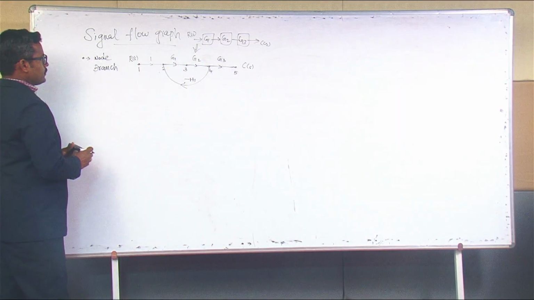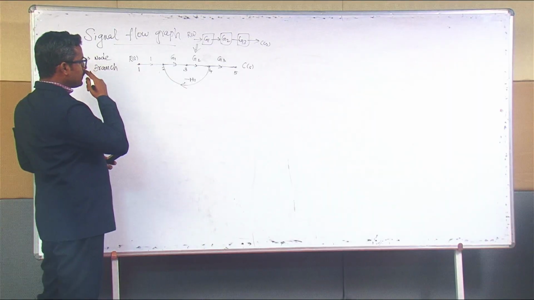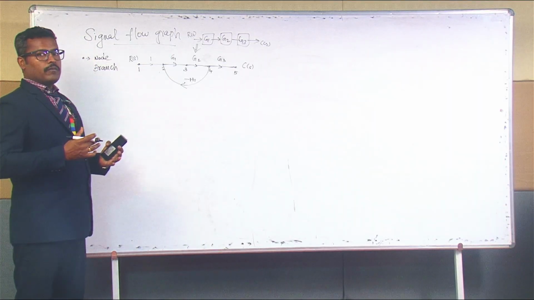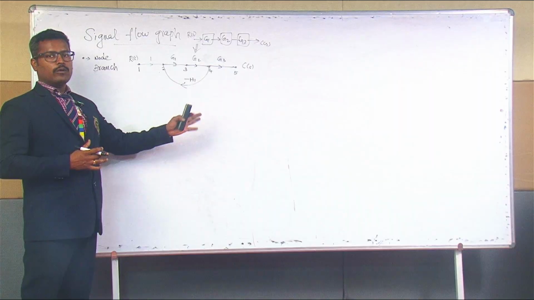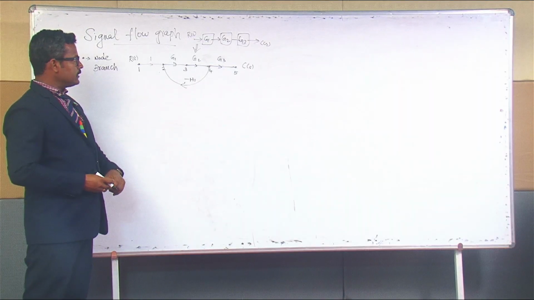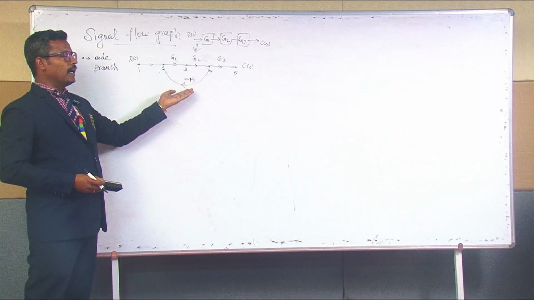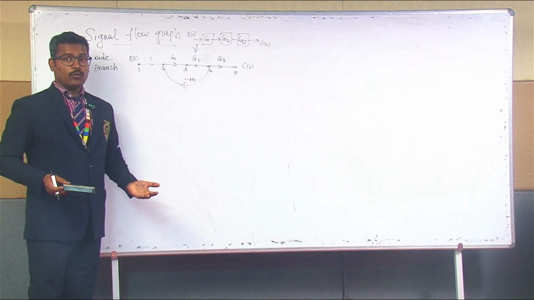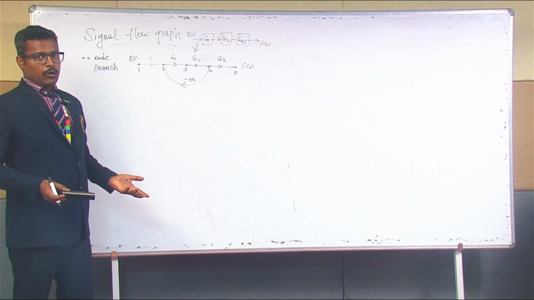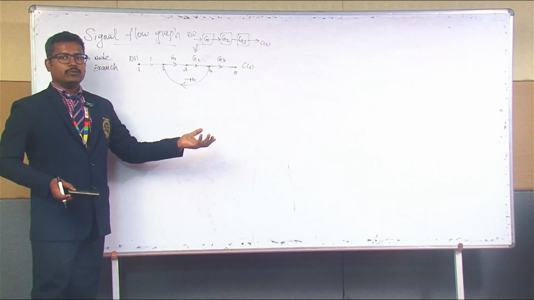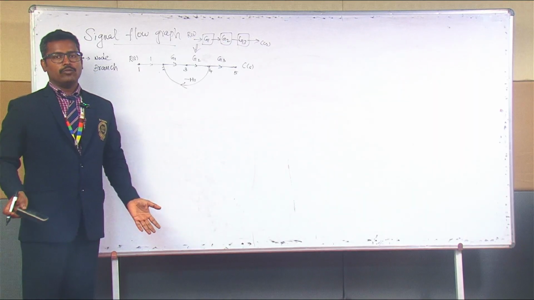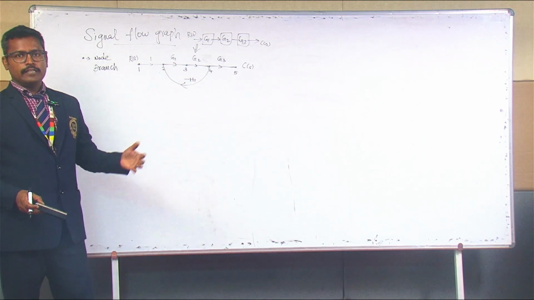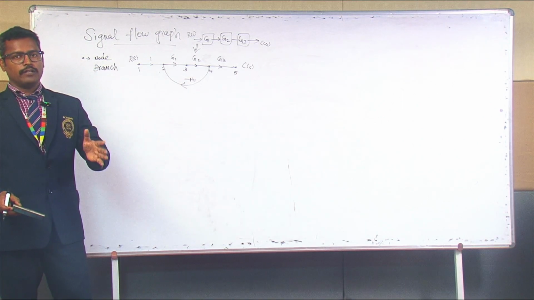Okay, so first we will discuss how to reduce your signal flow graph into the final transfer function. For a simple system I have represented a simple flow graph. If it is a complex system, the signal flow graph is again a complex one. Okay, so we have to reduce it into a transfer function. How we are going to reduce it into the transfer function is by using signal flow graph reduction.